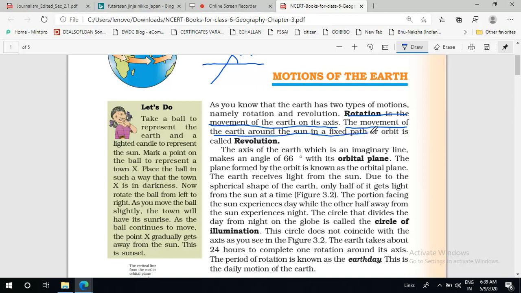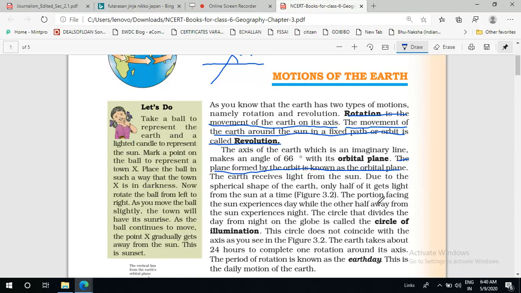Up to now we have discussed rotation. Okay, and when we are discussing rotation, we have come across many new terms, such as this orbital plane. What is orbital plane? The plane formed by the orbit of the earth is known as the orbital plane.